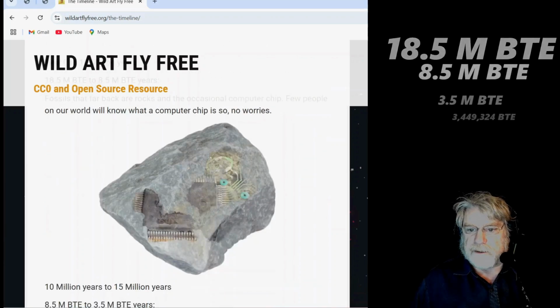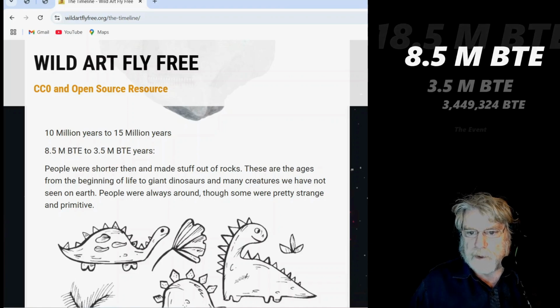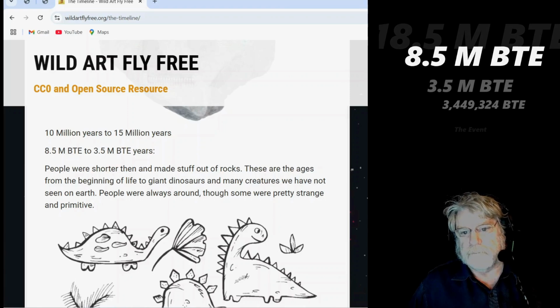10 million years to 15 million years before the event. Remember, we're counting down because we're getting closer, moving forward in time. 10 million years to 15 million years from the start of the planet. So that's counting up.